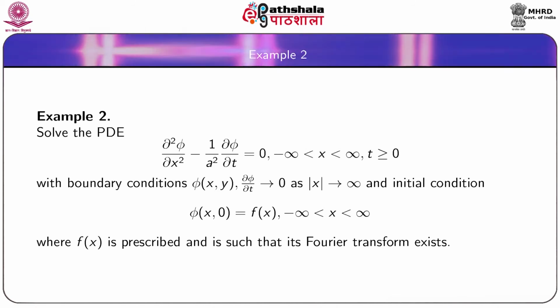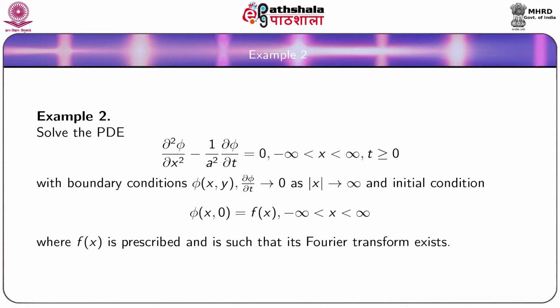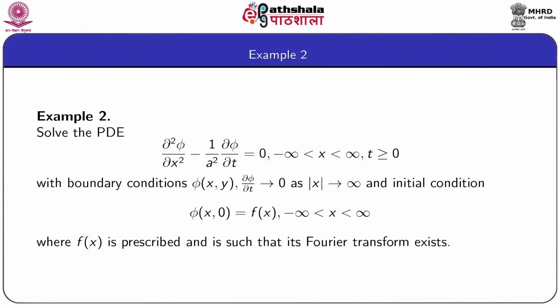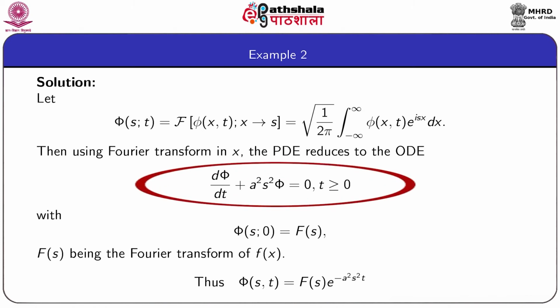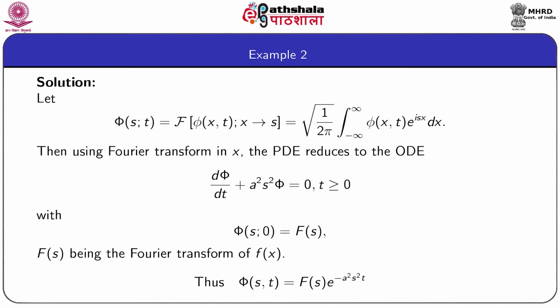And for the first term, that is del 2 phi by del x2, we shall use integration by parts and the conditions on x to reduce the partial differential equation into an ordinary differential equation, which is given by d capital phi by dt plus s square capital phi equal to 0 for t greater than or equal to 0.